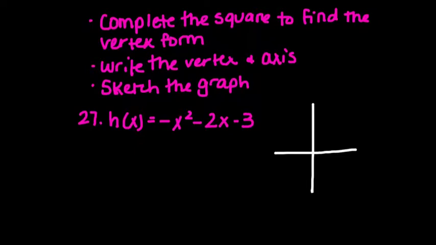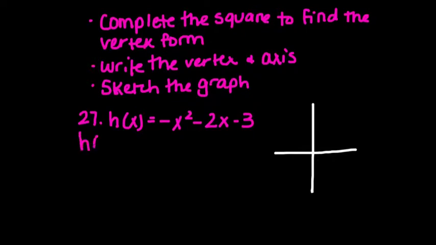In this particular problem, we're asked to complete the square to find the vertex form, to write the vertex and the axis of symmetry equation, and also to sketch the graph. In order to change this function into vertex form, I have to make sure that the quadratic coefficient is a positive 1. So I have to factor out this negative 1 from the first 2 terms.